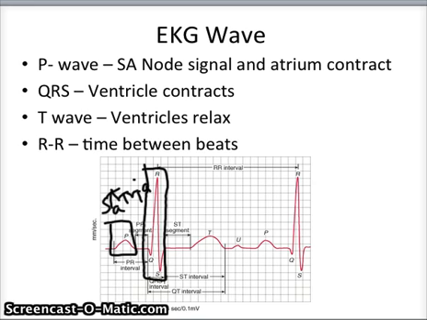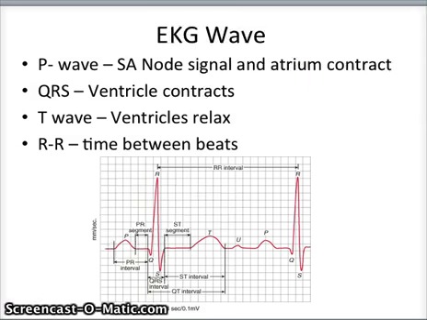This is the Purkinje fibers and AV node, and this is the ventricles contracting. Alright, and then the T wave, we didn't really talk about this last time, but the T wave is the ventricles relax. Alright, so you get that little electrical blip when the muscles kind of relax to get ready to pump again.